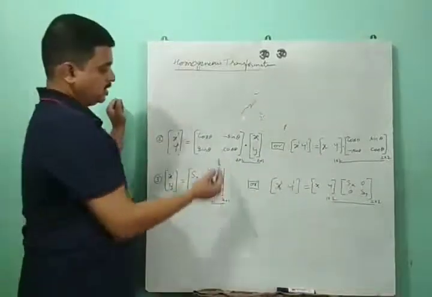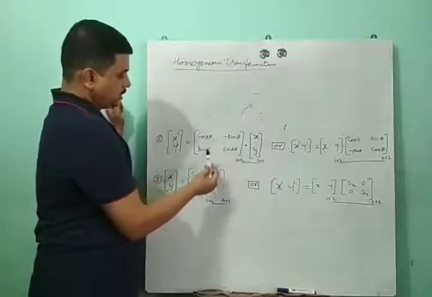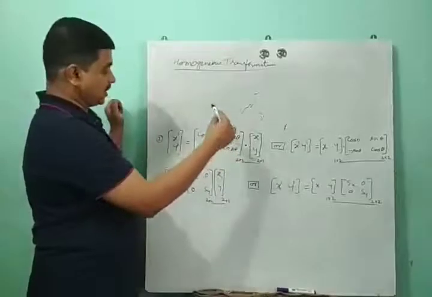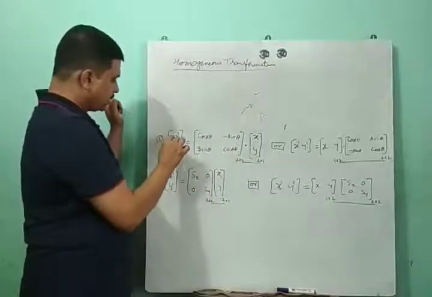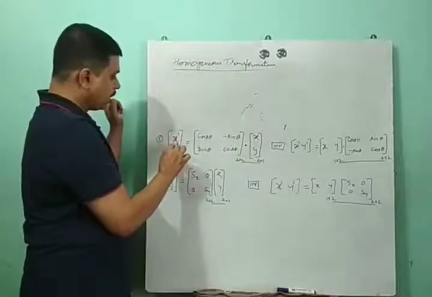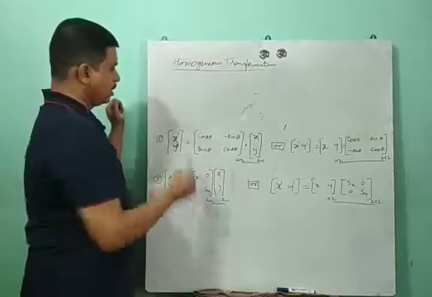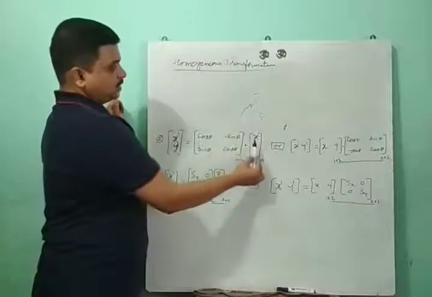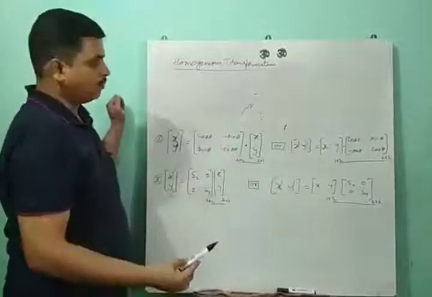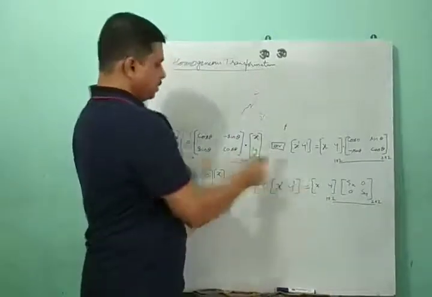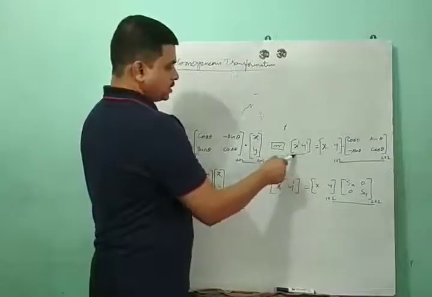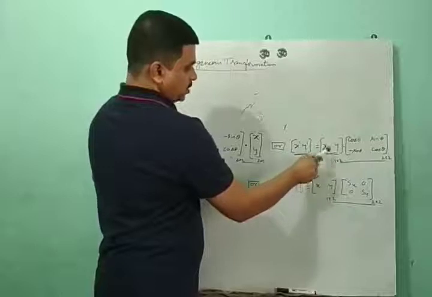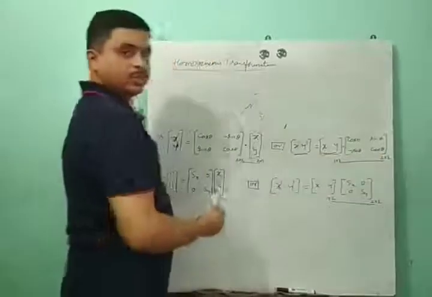The transformation matrix is cos theta, minus sin theta, sin theta, cos theta, if it is rotated in anti-clockwise direction, and we represent the given point as a column vector. Then we have to write the transformation matrix first, then the given point. Or if you want to represent the point in a row matrix, then you have to write the initial row matrix first, then the transformation matrix.